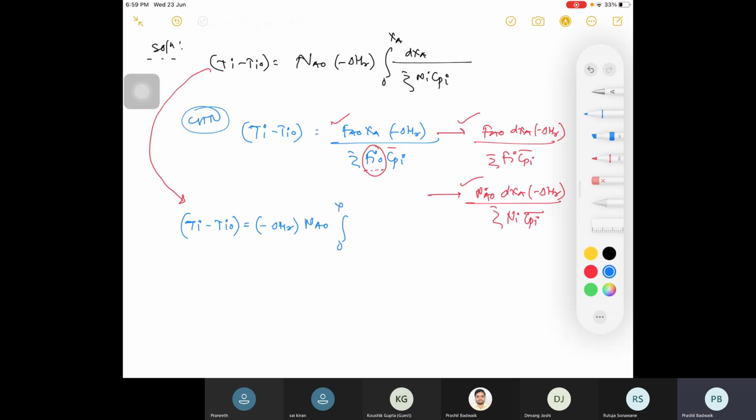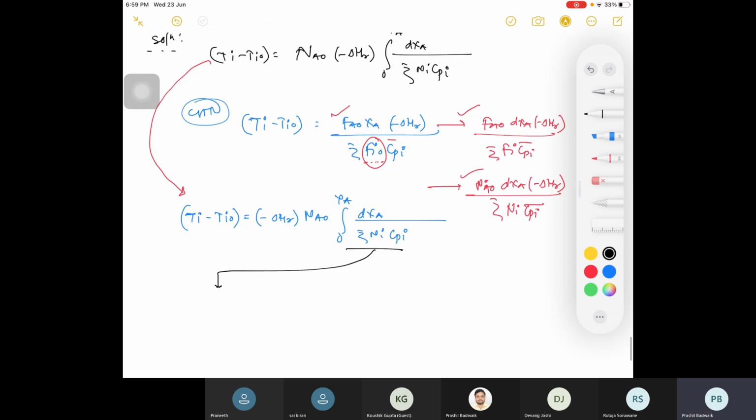In the integration, 0 to Xa dXa divided by your summation of Ni into Cpi mean. Now you tell me what is your Ni into Cpi mean.